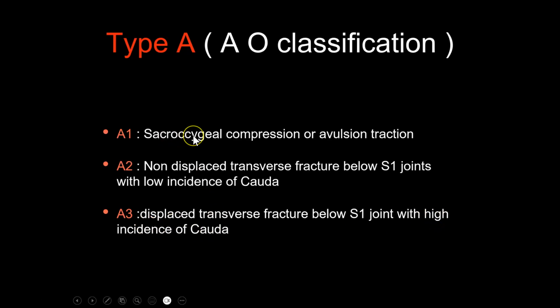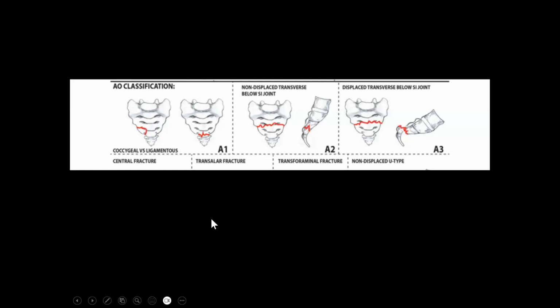So in A fractures, the sacroiliac joint is not affected. If it is in the caudal part of the sacrum, it is A1. If it is in the sacrum itself, but not displaced and below the joint, it is A2. Also below the joint but displaced, it is A3.